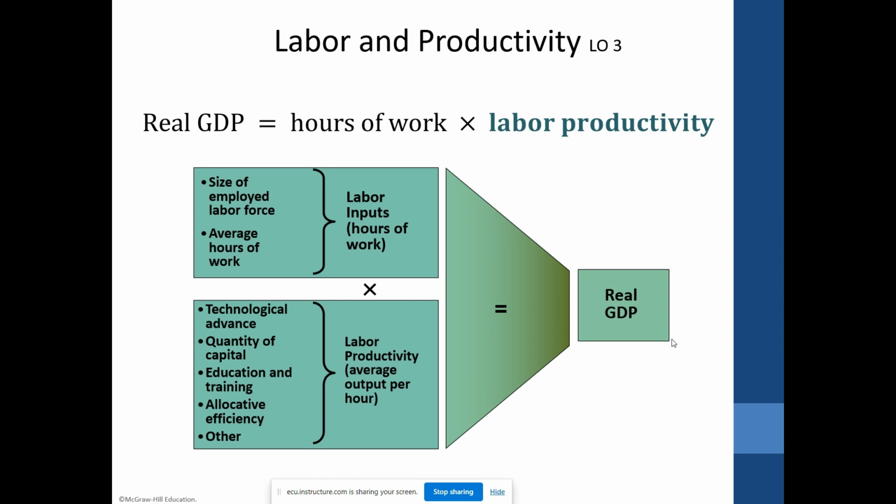By focusing on the labor input, we can build a framework for discussing the role of supply factors in growth. In this illustration, a nation's economic growth from one year to the next depends on its increase in labor inputs and its increase in labor productivity.